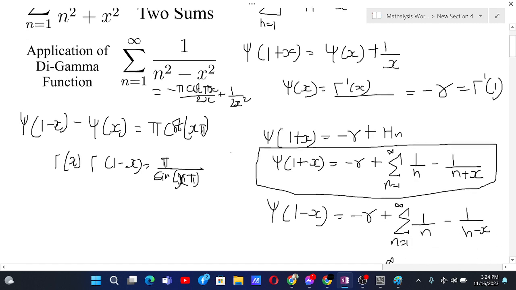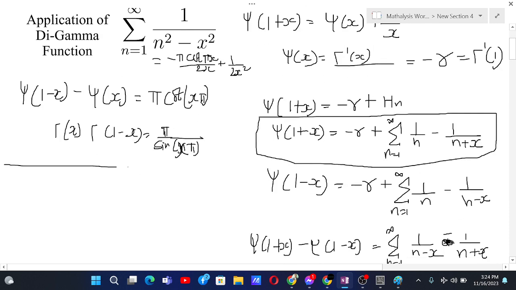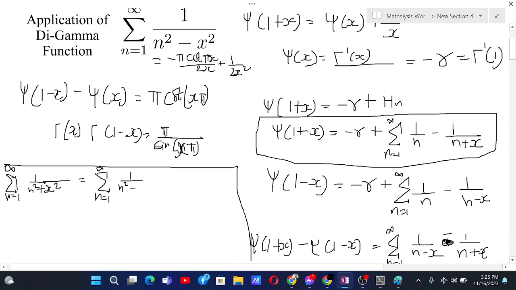For the next one it's similar. The next summation is from n equals 1 to infinity of 1 by n square plus x square. So we can just put a negative sign there and also introduce an i. This one is n square minus i square x square.